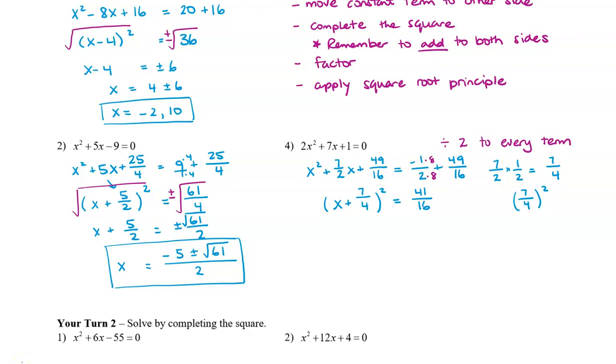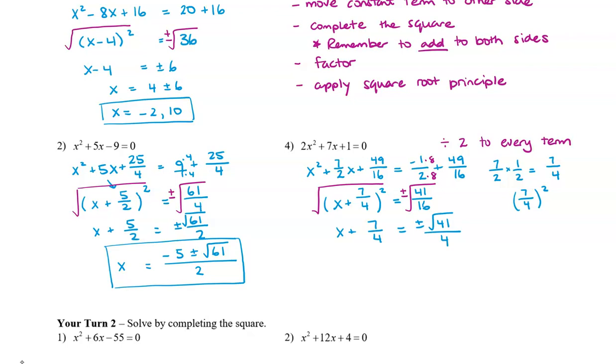All right, then we're going to square root both sides and put the plus or minus. So we have x plus 7 over 4 equals plus or minus square root of 41 all over the square root of 16, which is 4. Now it is a little bit of a coincidence that the one we just did previously was 61, and this is now 41.